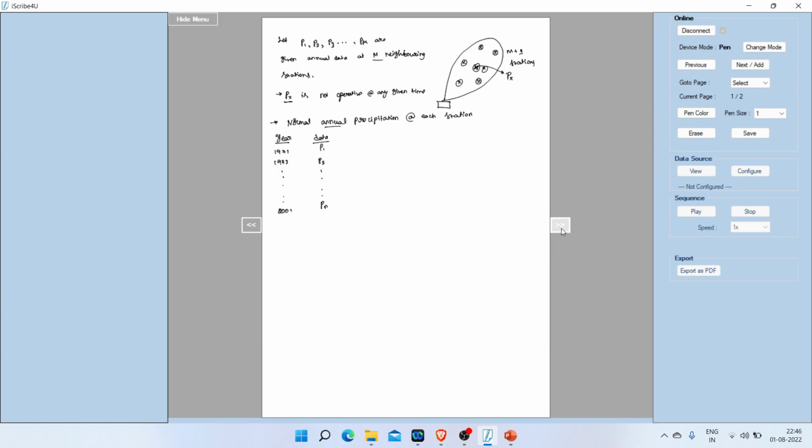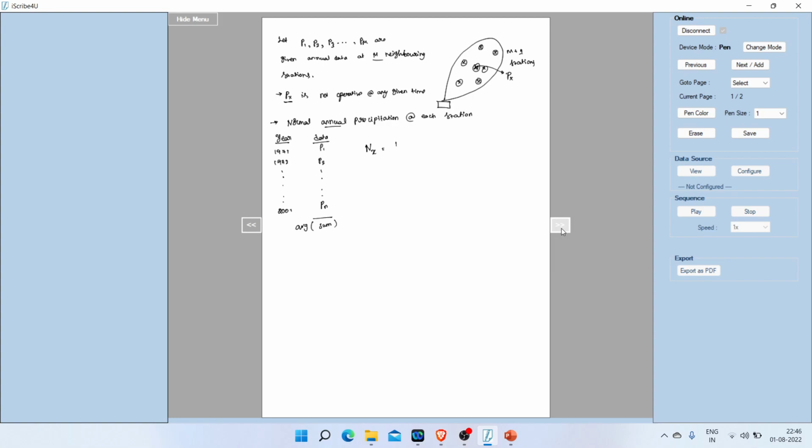The normal annual precipitation is calculated as the average of this sum. We denote it with a capital letter M, and the suffix is the station name, for example X.